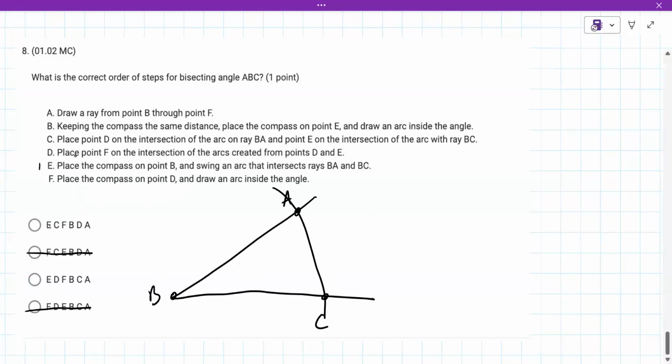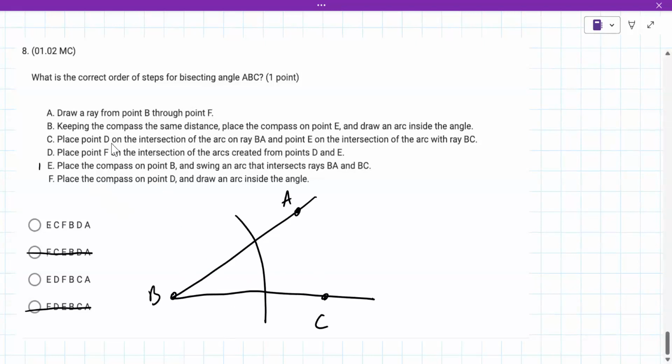So C's place point F on the intersection arcs created from D and E. C says place point D on the intersection of the arc and ray BA. So here the mistake I made is you don't have to go to A and C, although typically you do.